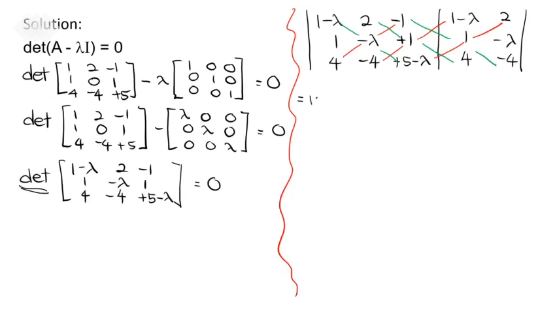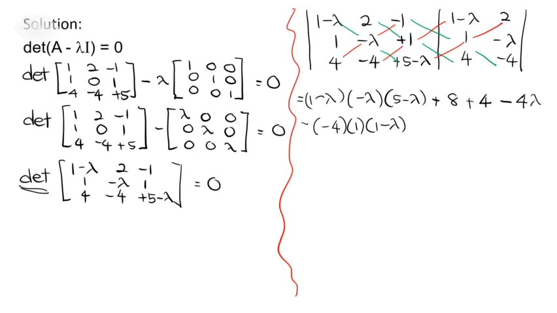Okay, so 1 minus lambda, and then 5 minus lambda, plus the green one, 2, 1, 4, 8, negative 1, negative 4, plus 4, and then minus 4, negative lambda, negative 1, so 4 lambda, minus, okay, this one you have to write down first, 1 minus lambda because you have lambda, and then minus 5 minus lambda, and then 2.